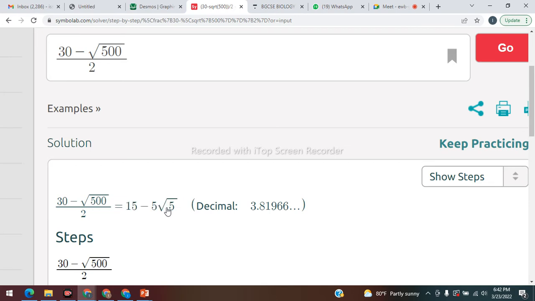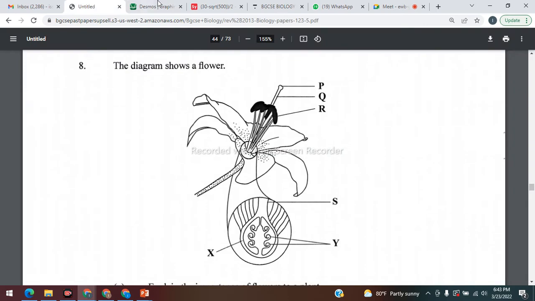And if you add that to our first zero, you would get that zero there. And if you subtract it, so what's so important about 15 minus 5 square root of 5? And how are we going to pick that up from this?